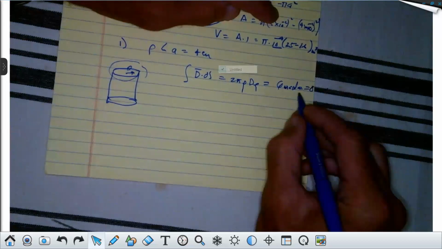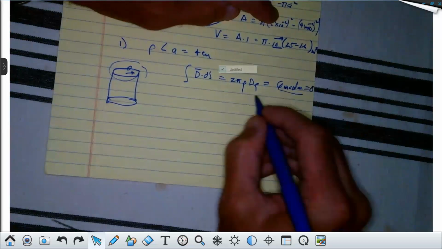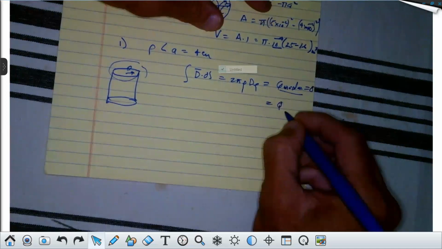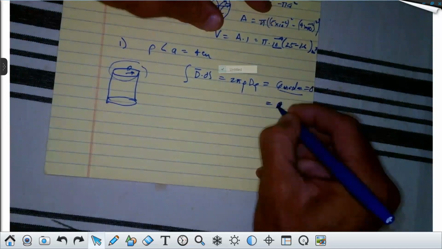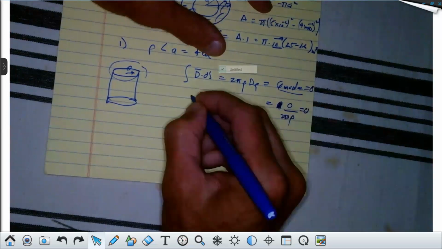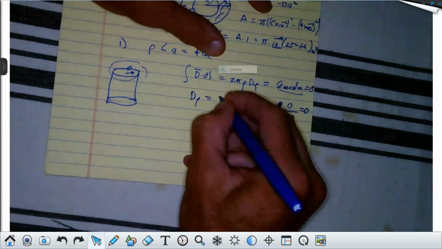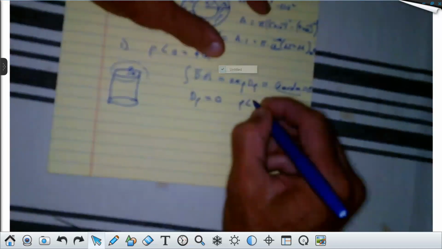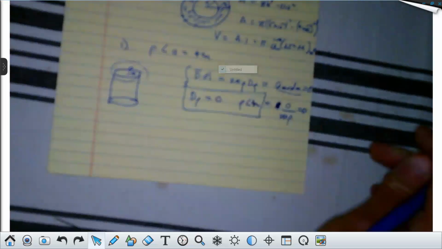There's no charge inside if we're less than 4 centimeters. So if I have 0, and I divide it by 2 pi rho, I still have 0, and that means D rho equals 0, frankly, for rho less than 4 centimeters. That's the first condition, the first possibility. Y'all see that?